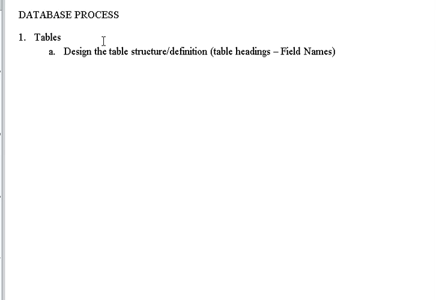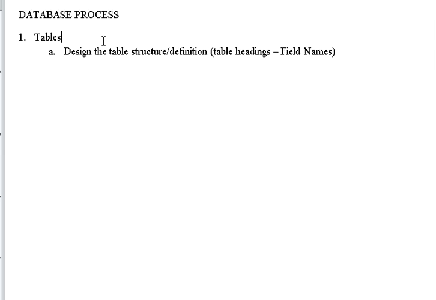And what is a table made up of? If you think of a table, it's normally made up of rows and columns, but that first row has table headings. And all the data typed under one of those table headings, one column of data, right? One column of data is related to that table heading.